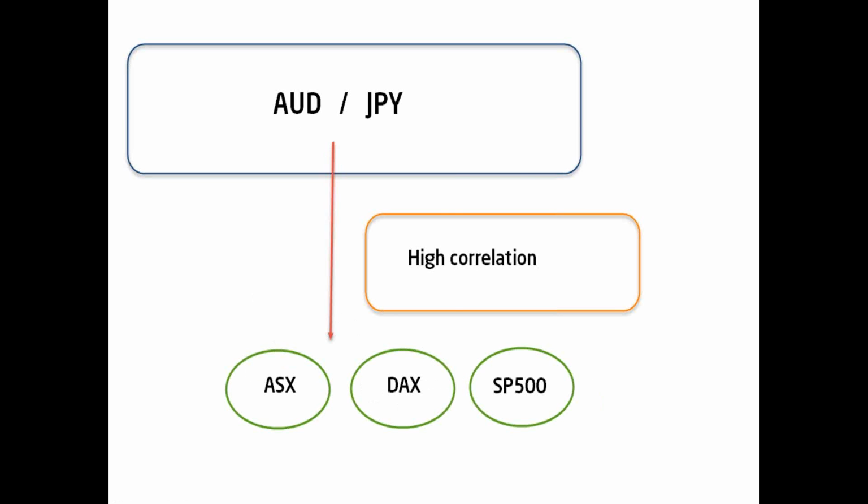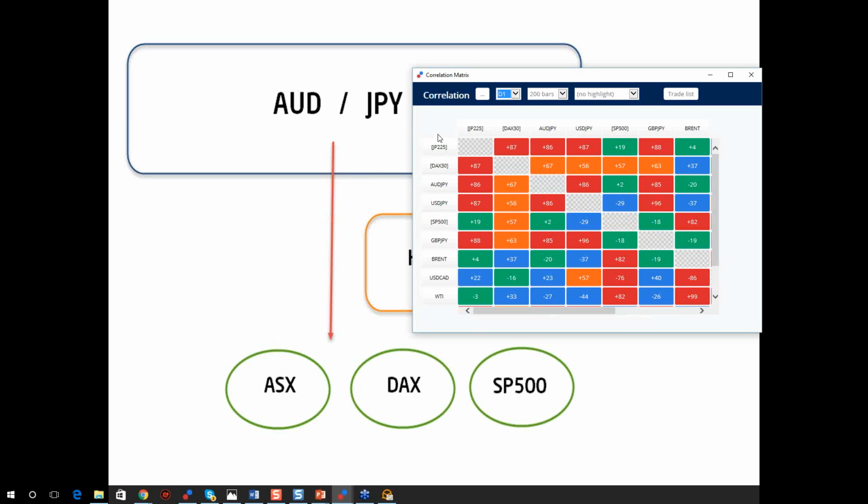During the morning, guys, during the London session, watch for DAX and yen pairs. During the New York session, watch for, let's say, SP 500 and correlation between yen pairs. It's not that strong, but watch it.